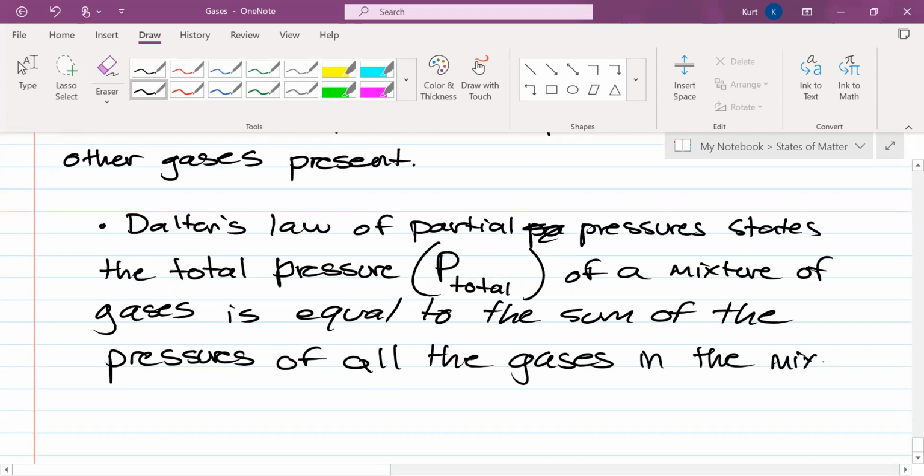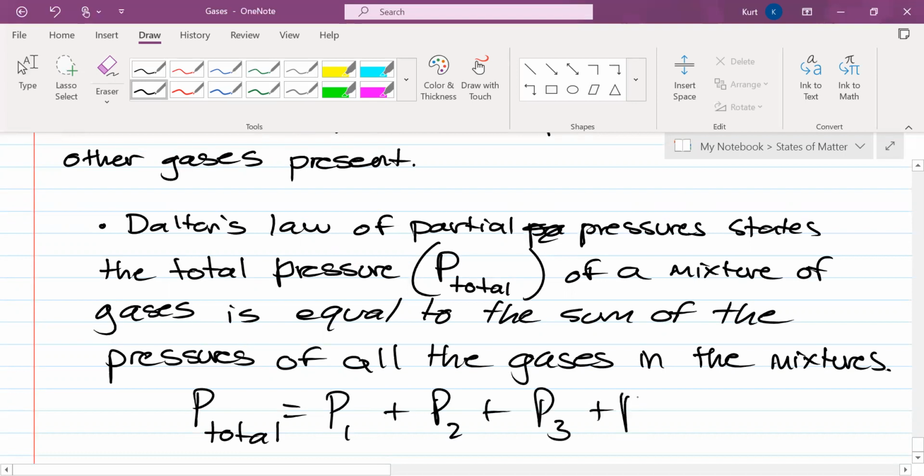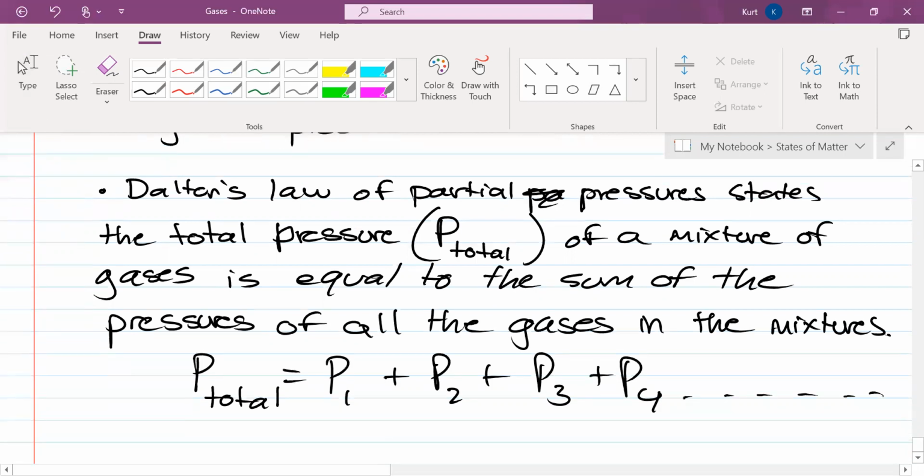So it reads a little bit more difficult than what it actually is, guys, but your pressure for your total is simply going to be your first gas pressure plus your second gas pressure plus your third gas pressure plus your fourth, and so on. That's all you do. You just add up the pressures.